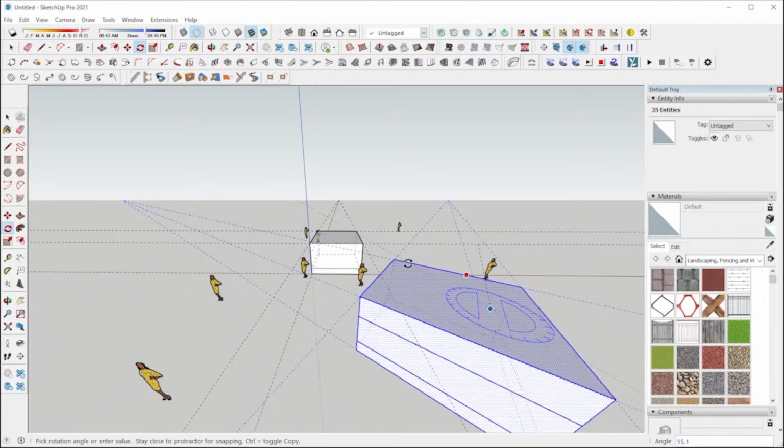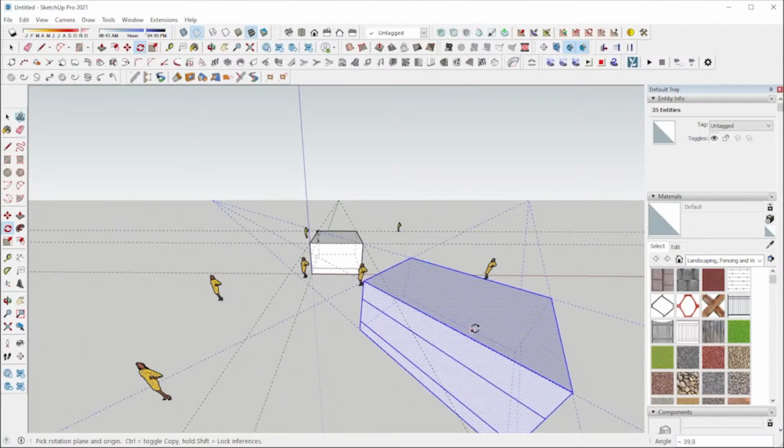For each new direction we have another point, one for this and one for this direction. So the rules in 1 point perspective and 2 point perspective are the same.